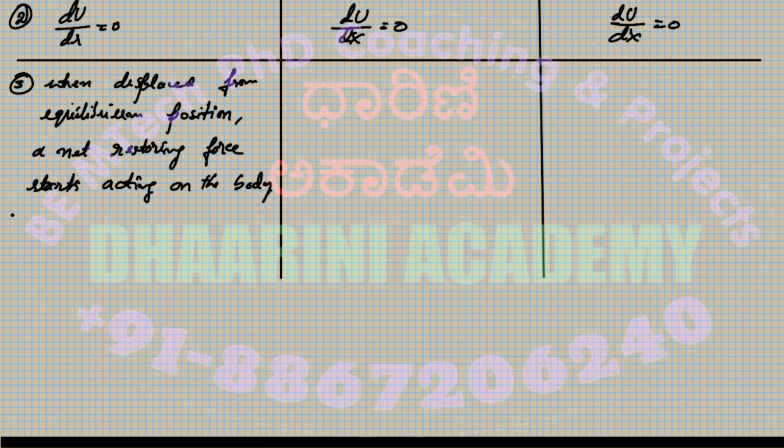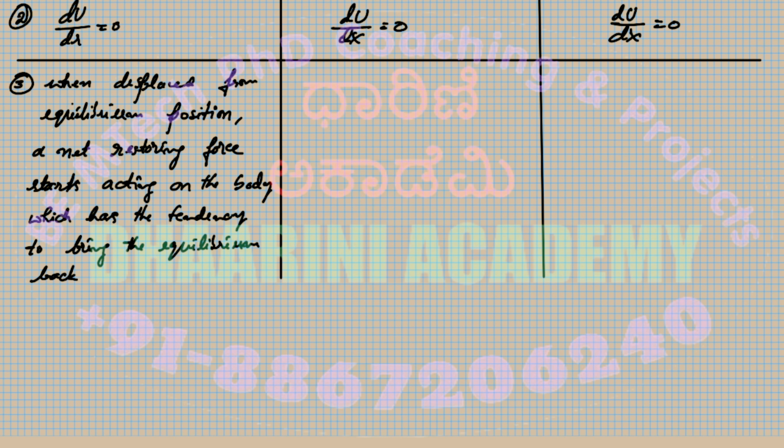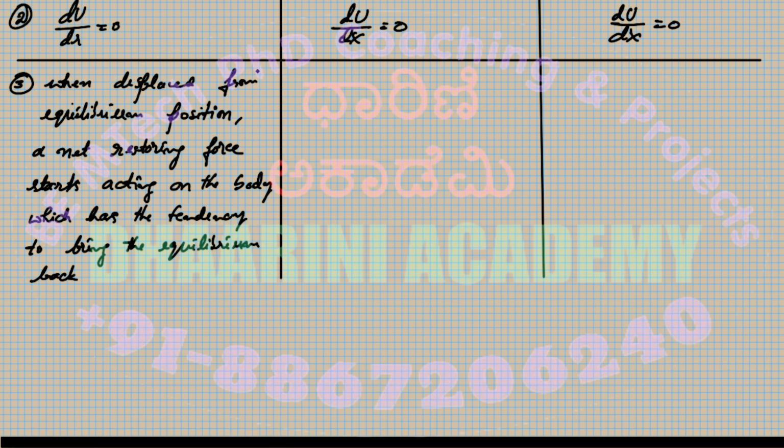I can write, which has the tendency to bring back. It will try to bring back the equilibrium. All right, so that is the point we are going to make for stable equilibrium.